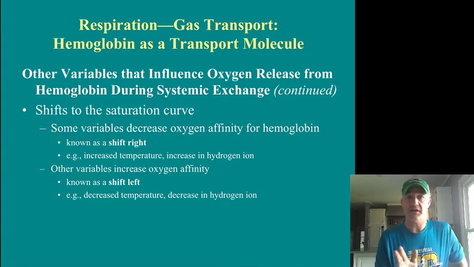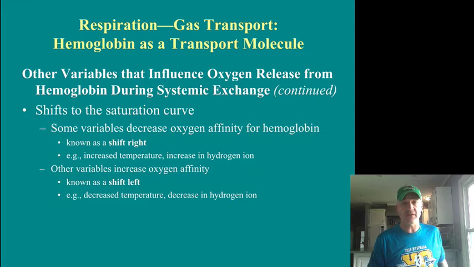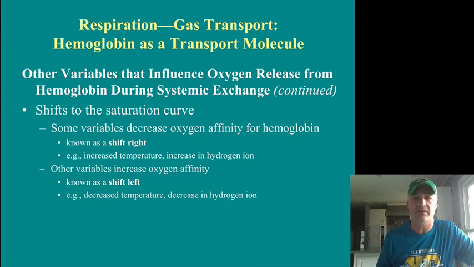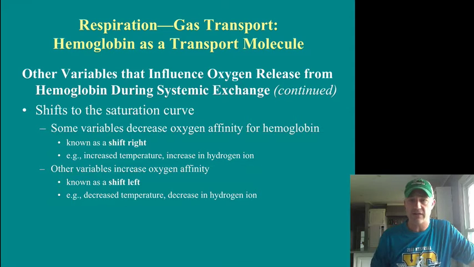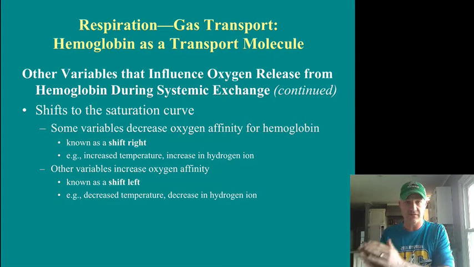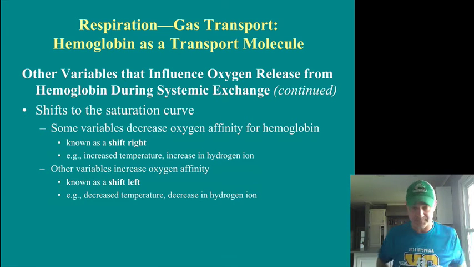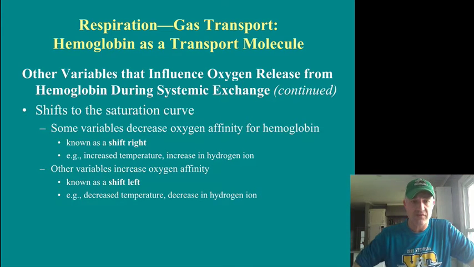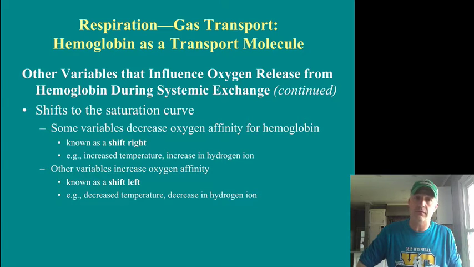What this does to our curve, so if we remember that little S curve there, anything that's going to increase the affinity for hemoglobin, we're going to see it's going to actually shift that left. So it's going to shift it up on that curve. So things like decreasing temperature, decreases in hydrogen ion concentration are going to increase the affinity of hemoglobin for oxygen, and because of that, makes it hold on to it a little bit better.